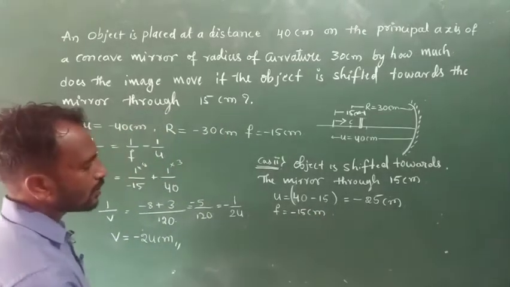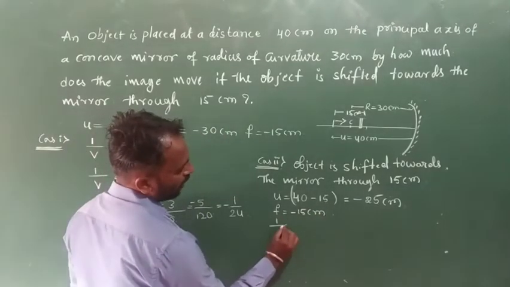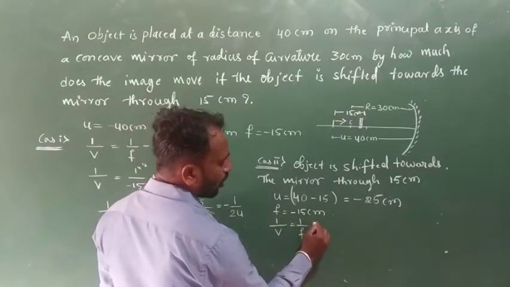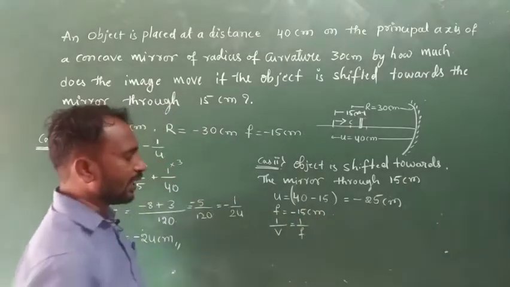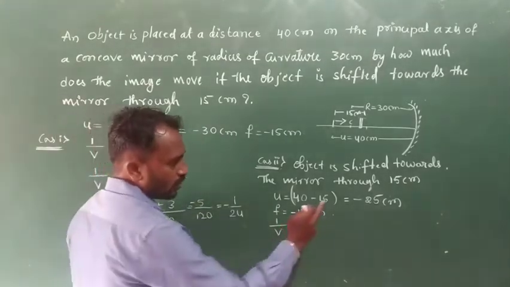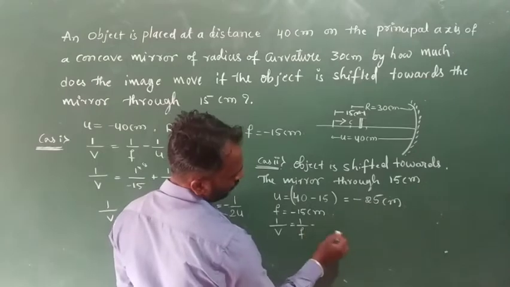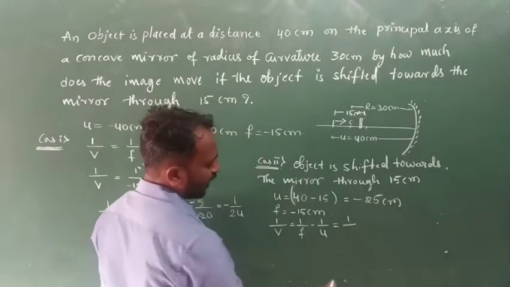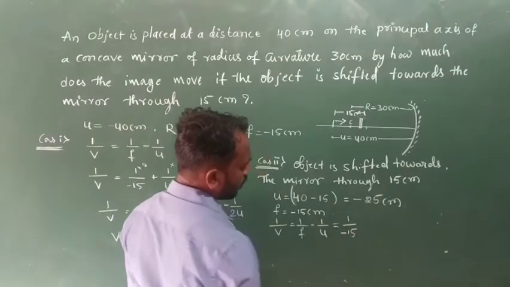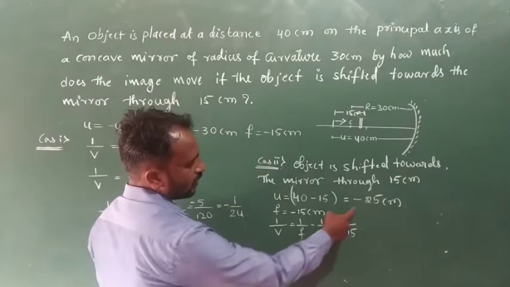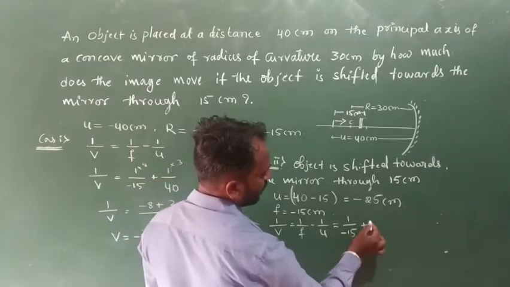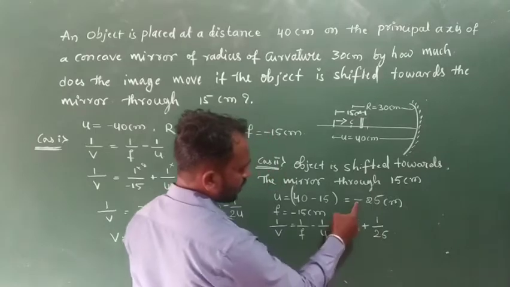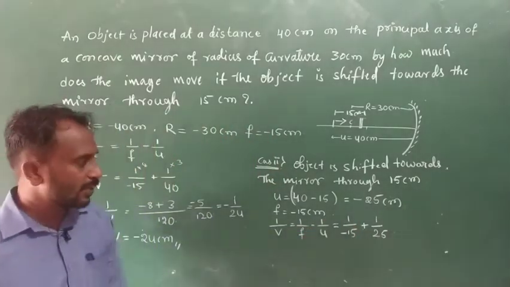So f is equal to minus 15 centimeter. Now the image distance: 1 by v is equal to 1 by f minus 1 by u. That is 1 divided by the f value, minus 15, and the object distance minus 25. Minus into minus is plus.